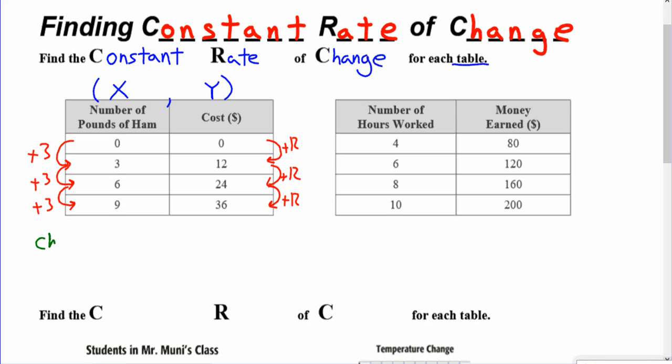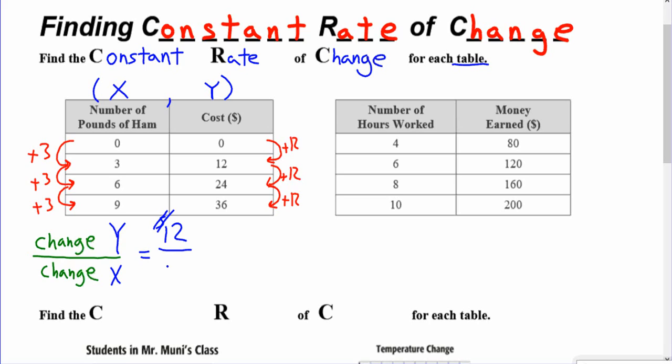So we're looking for the rate of change. So we want to look at the change of y over the change of x. The change of y, well, it changed by 12 each time, and the units are dollars. $12.